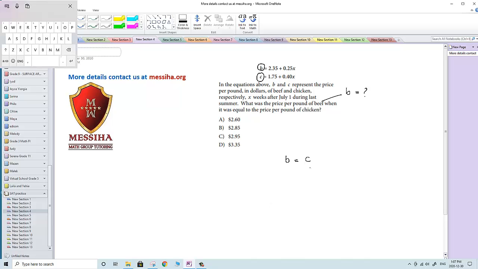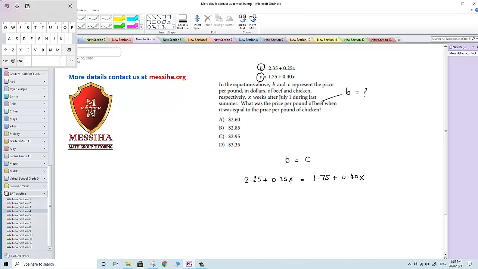So if B equals C, that means I take the algebraic expression that equals B, which is 2.35 plus 0.25x, which represents the number of weeks, and I set it equal to the algebraic expression of the chicken, which is C. So 1.75 plus 0.40x.